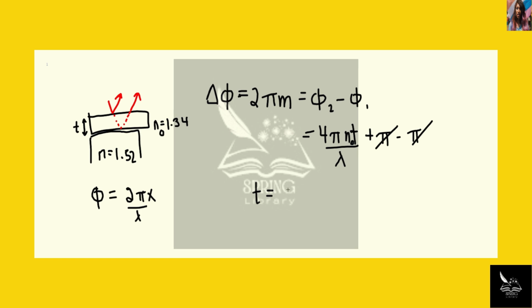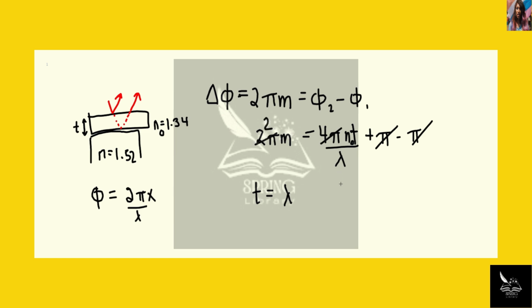So then we get that t, the thickness, is equal to, let's see, it was 2 pi m. It probably said something about minimum thickness. Let's just assume it's a minimum thickness, because all the other problems have basically said that.